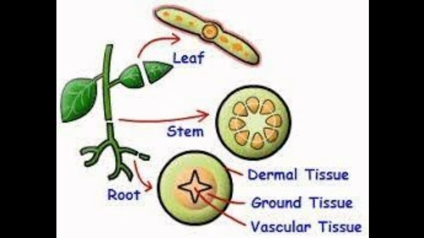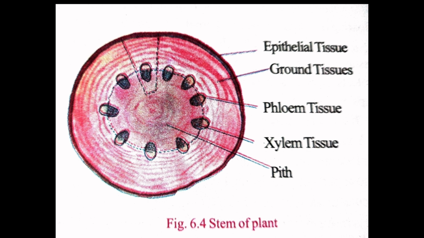Apart from providing protection, this tissue also exchanges carbon dioxide, oxygen and water vapor for respiration, photosynthesis, etc. The epithelial tissue of the plant roots helps in drawing water from the soil. In the upcoming picture you are seeing the transverse section of the stem of the plant. In that you can see the epithelial tissue very nicely.